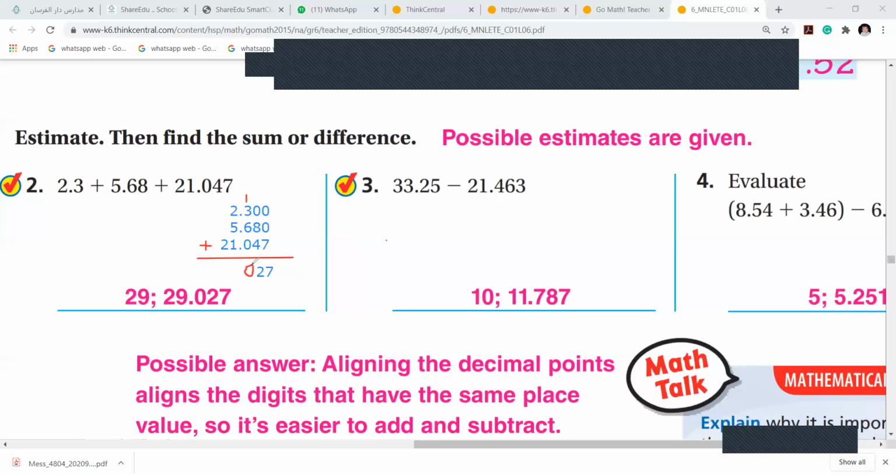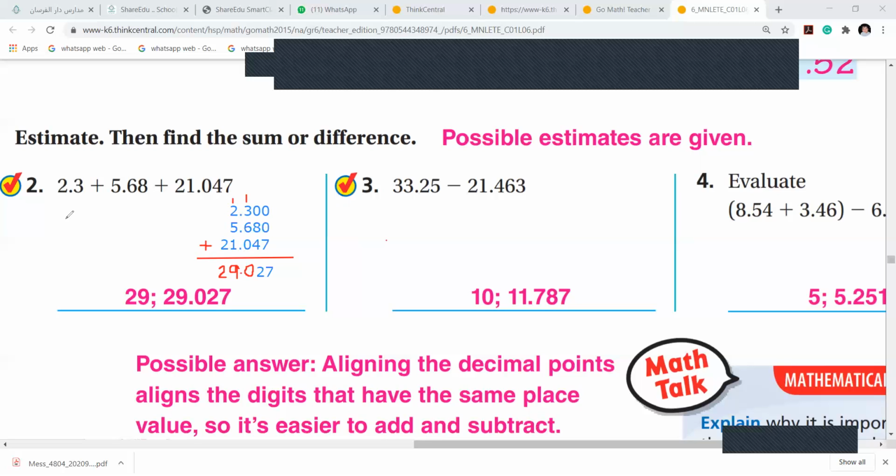Then you have 0. Up goes 1. 9. And then we have 2. I put a point here.